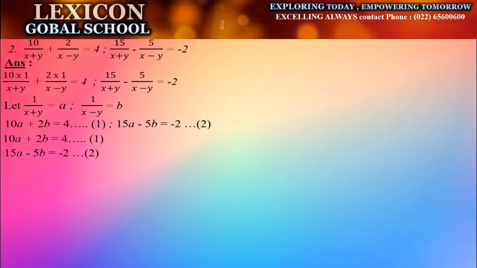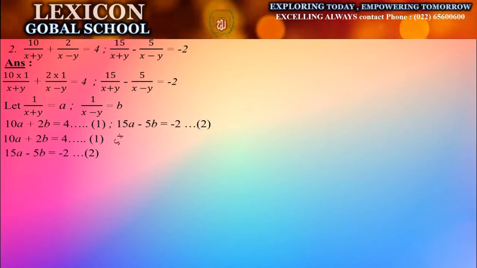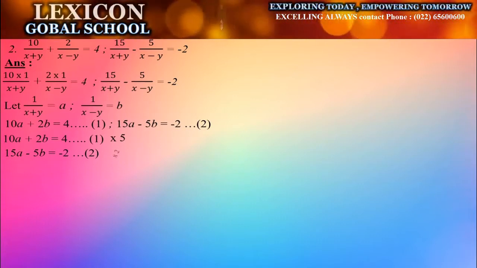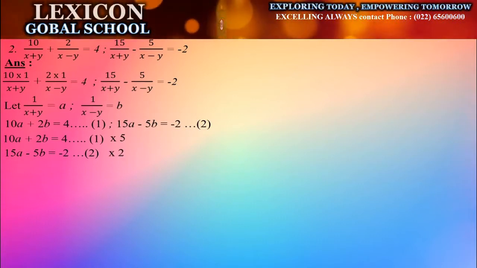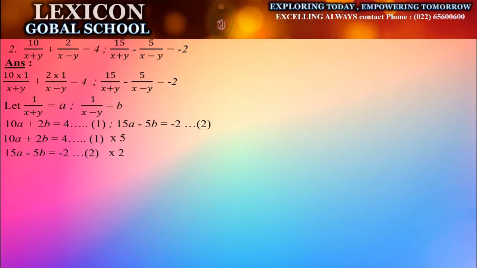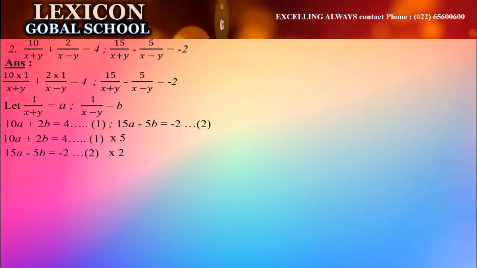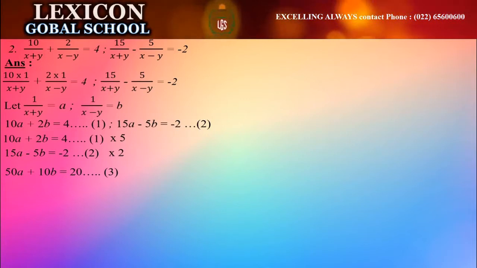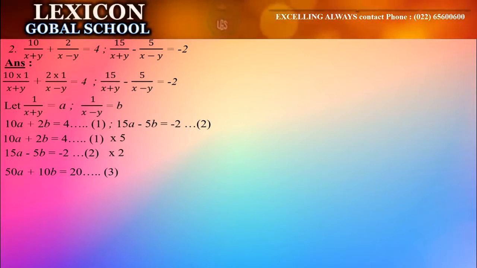To equalize the coefficient, we would multiply equation 1 by 5 and equation 2 by 2, so that the coefficients of b would be same and we could eliminate the variable b. So when you multiply 5 by the first equation, 5 tens are 50a plus 5 2s are 10b is equal to 5 4s are 20.